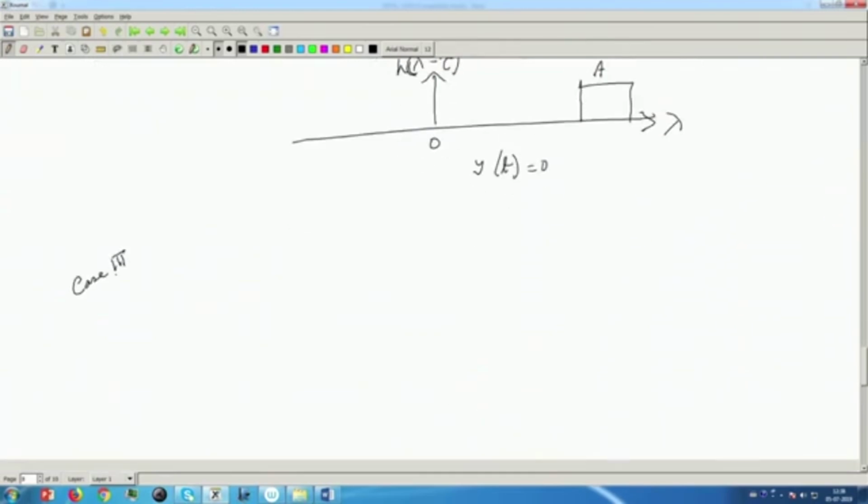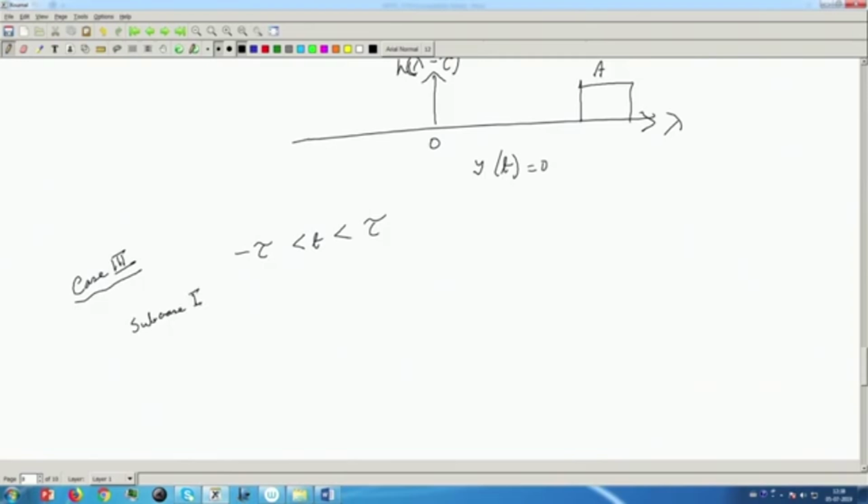Case 3 will give me something. What is case 3? Minus tau less than t less than plus tau. There are two sub cases, so I will have to break it up.